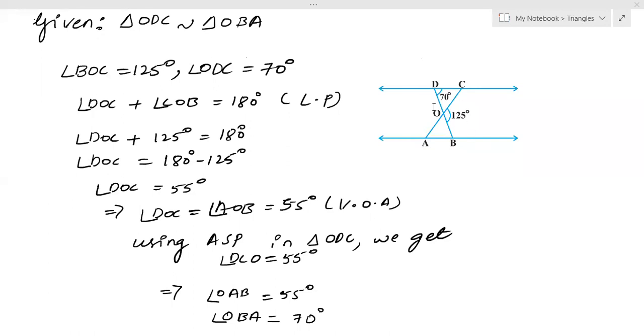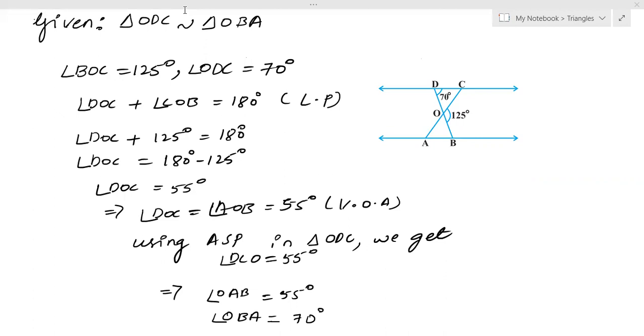Okay, students, let's look at the solution. So they have given triangle ODC is similar to triangle OBA. The first thing that we have to look at is, whenever two triangles are similar, it means they have got the same shape. Same shape in the sense they have got the same angles.